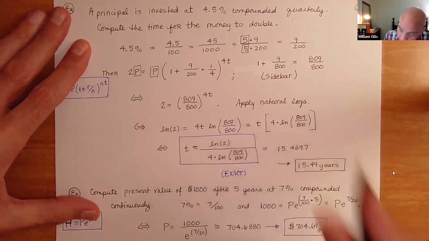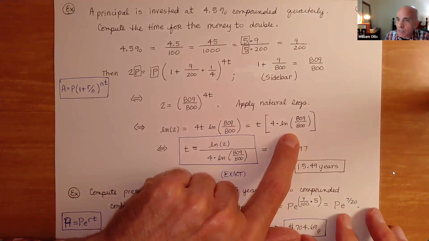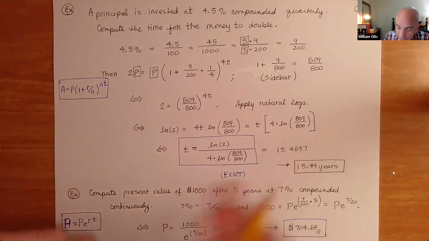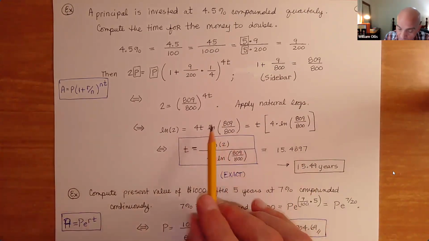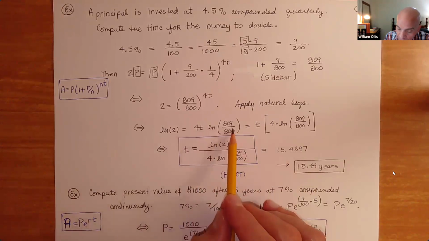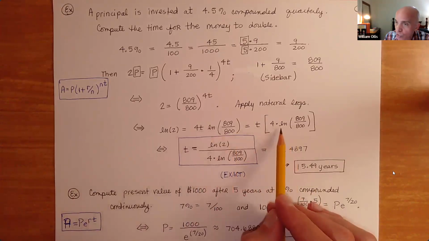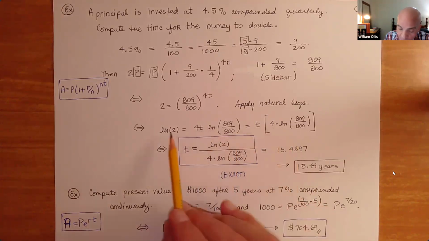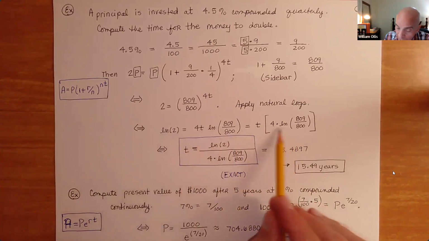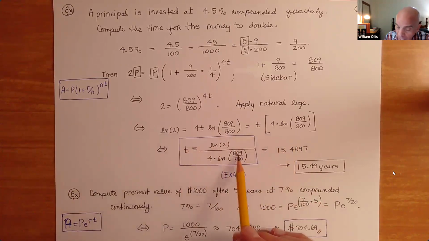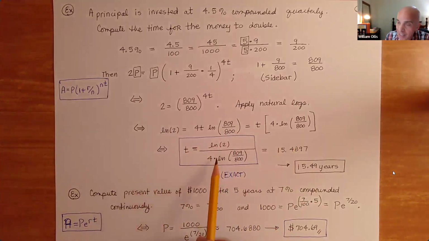So to solve for t, you simply divide by this number. So if it's a little confusing here, just push all the constants together, and then it's easier to solve for t. So now you divide the natural log of 2 by 4 times the natural log of 809 divided by 800. And that is an exact configuration of the time.